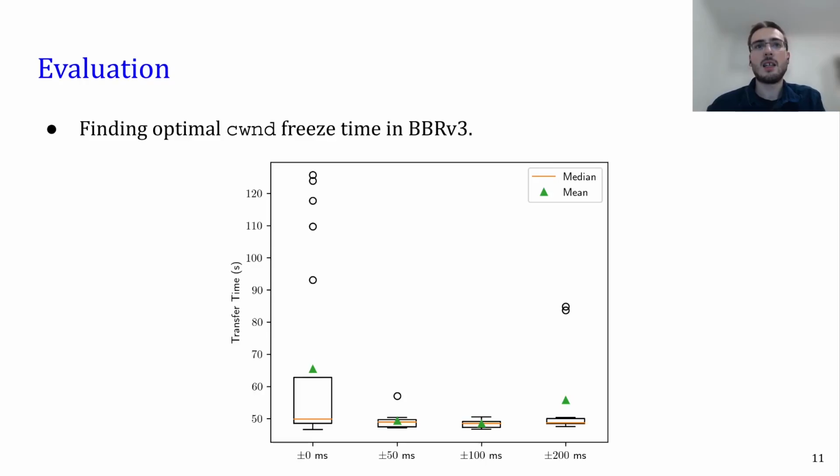And we can see that of all of the congestion window freeze times tested, plus or minus 100 milliseconds seems to give the best transfer time, as well as the smallest variance in transfer time. This seems reasonable, as handover typically lasts about 100 milliseconds, and we also have to account for the time it takes for the packet to actually arrive at the user terminal.